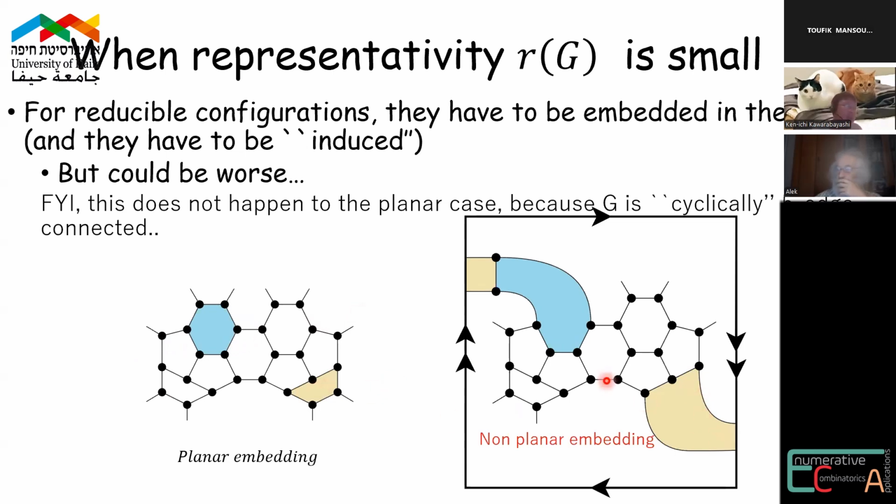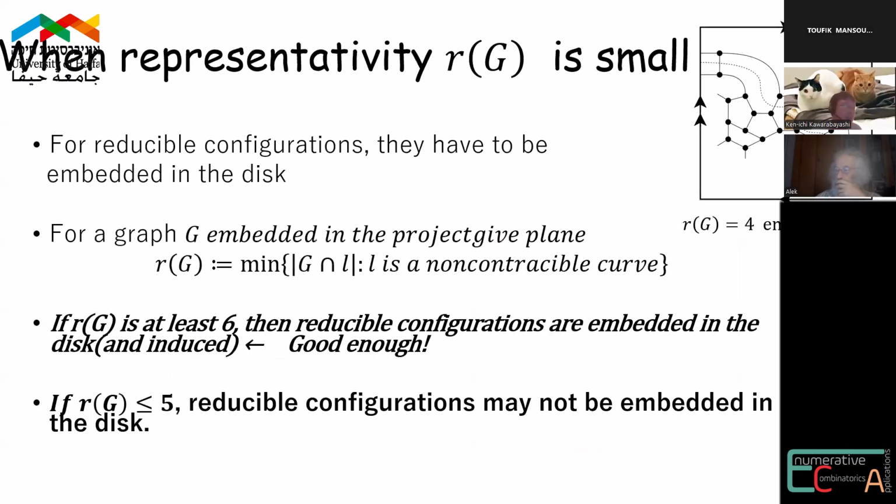It turns out that this can be formulated by what is called representativity, meaning that if these guys are adjacent, you have a curve like that hitting only a small number of edges. If this is small, that's a problem. And if there is no such small curve here, as I said, it's good. We can always find a reducible configuration which is still reducible, not wrapped up.